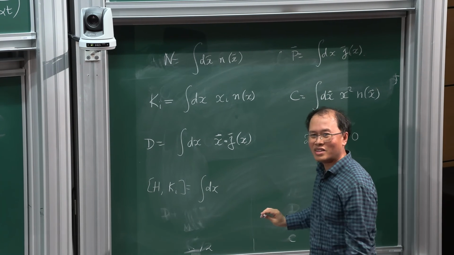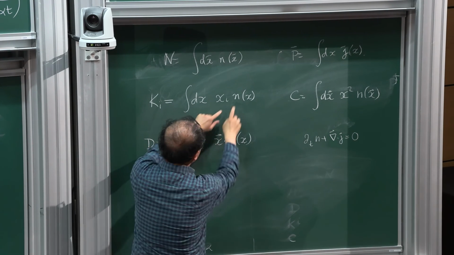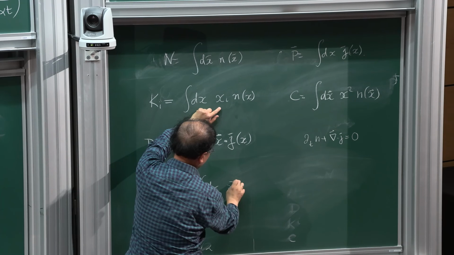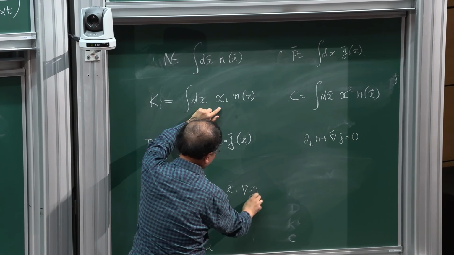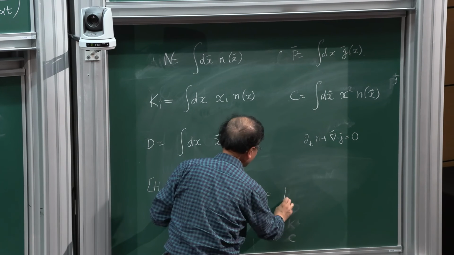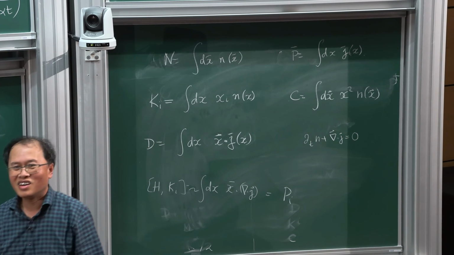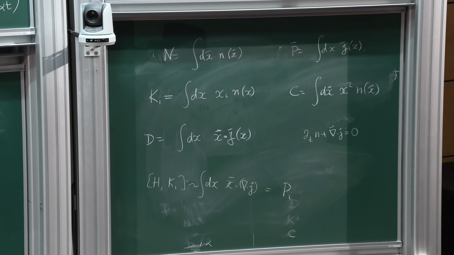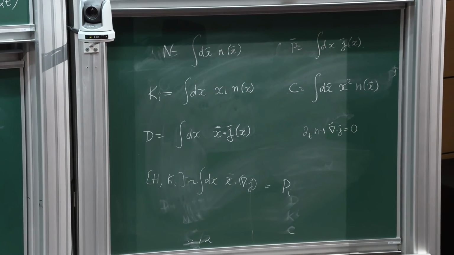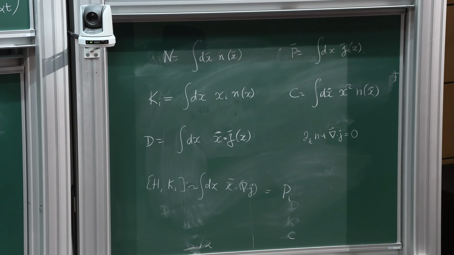I set the mass to 1, so the derivative of n is x grad j. And then you can do integration by parts. What comes out is that the commutator of the Hamiltonian with the Galilean boost is the momentum. So in the normal non-relativistic theory, the dipole moment of the system is not conserved.